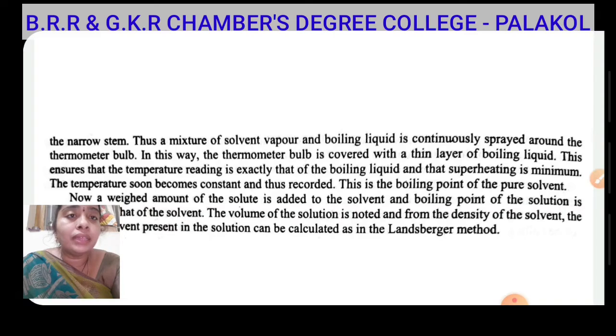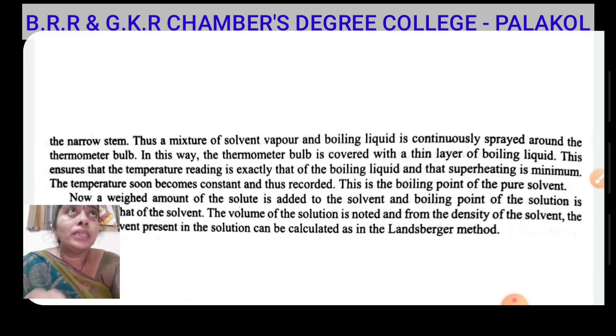In this way, the thermometer bulb is covered with a thin layer of boiling liquid covered with the vapors. This ensures that the temperature reading is exactly that of the boiling liquid, and that superheating is minimum. The temperature soon becomes constant and is recorded. Thus, this is the boiling point of the pure solvent.